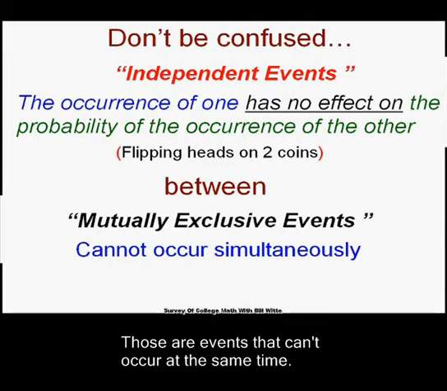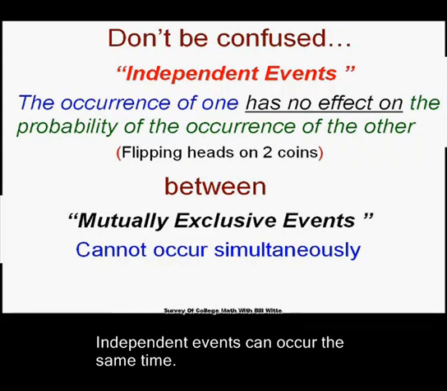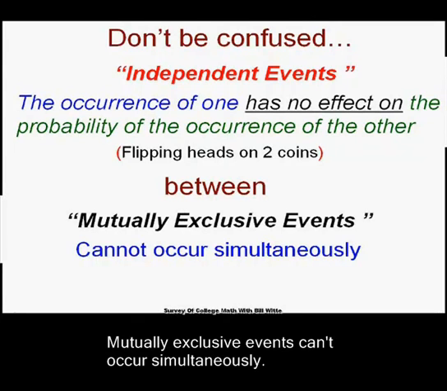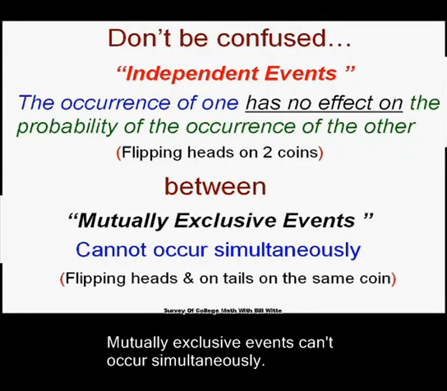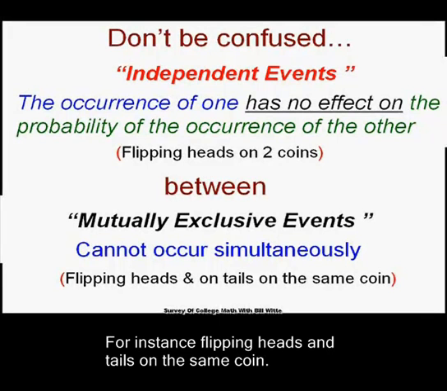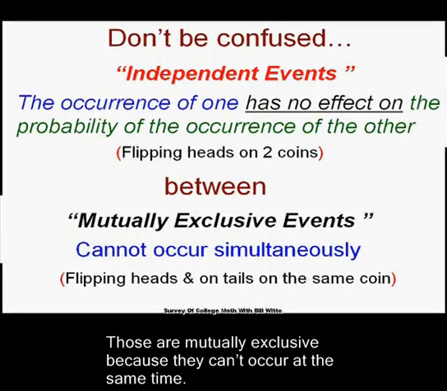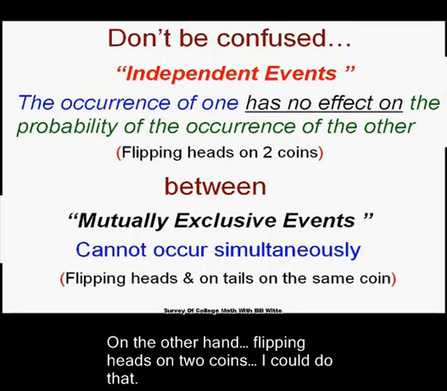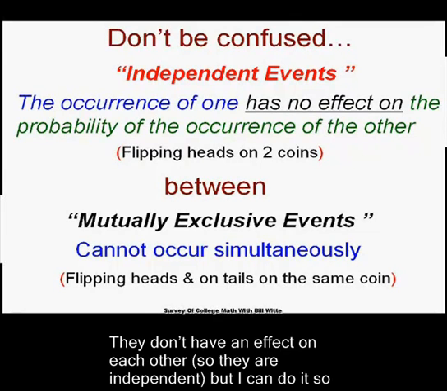Those are events that can't occur at the same time. Independent events can occur at the same time. Mutually exclusive events can't occur. For instance, flipping heads and tails on the same coin. That's mutually exclusive. It can't occur at the same time. But flipping heads on 2 coins, I can do that. It doesn't have an effect on each other, but I can do it.